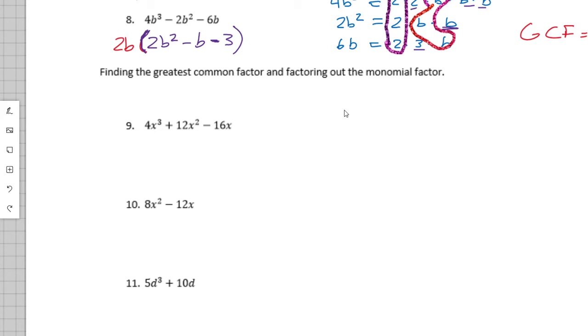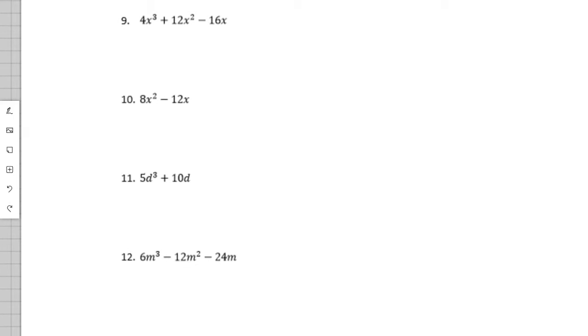Alright, and then the next one says finding the greatest common factor and factoring out the monomial factor. So do that again. And eventually, like I said, you'll be able to figure out what factors you can pull out without even having to write out each term. You write it in expanded form, but let's go ahead and do that for right now. So we got 4x cubed, 12x squared, 16x.